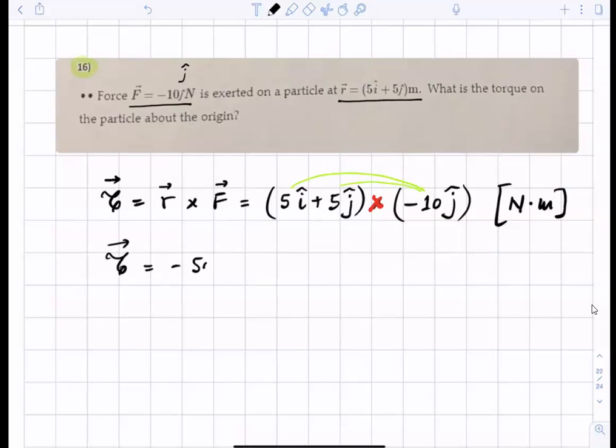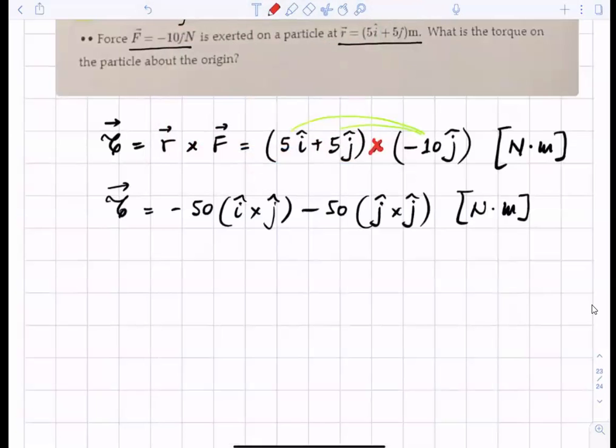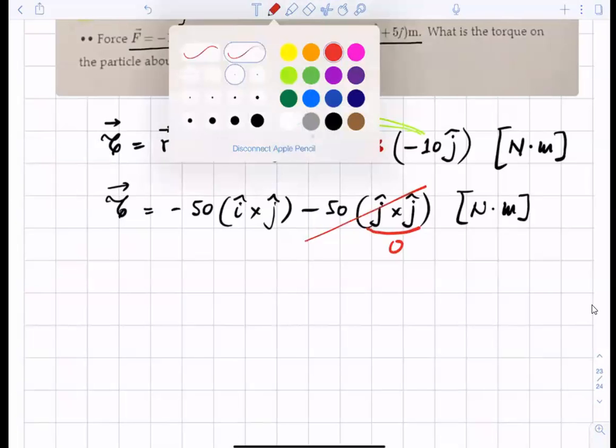We get negative 50, and then you get i cross product with j hat, and then minus another 50, and this time you get j hat cross product with j hat. And again, these are Newton meters. Remember what we talked about above. This part right here is 0, so this term does not exist anymore.